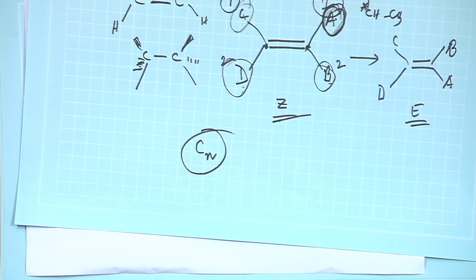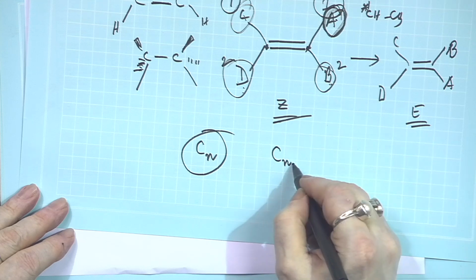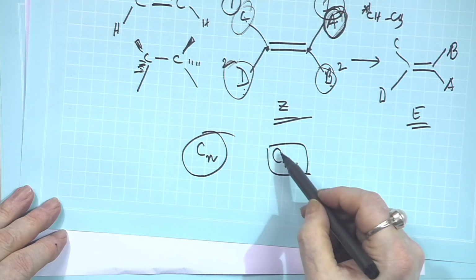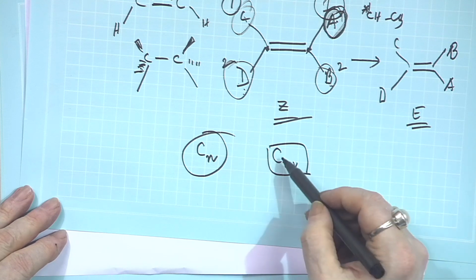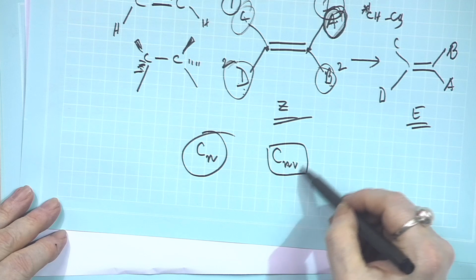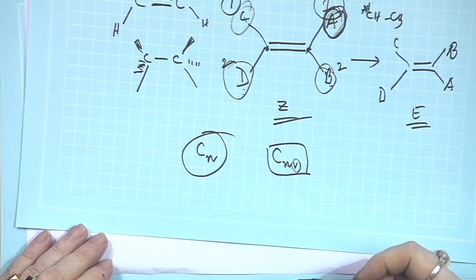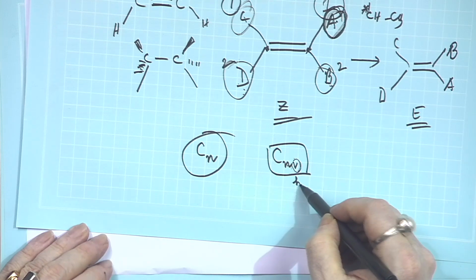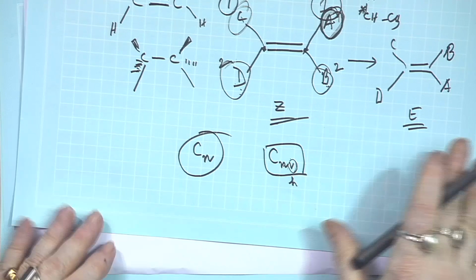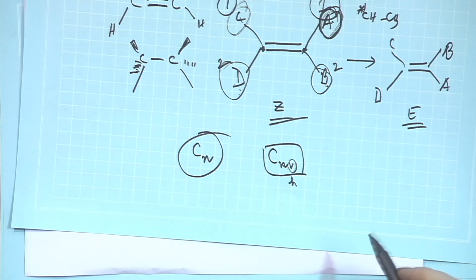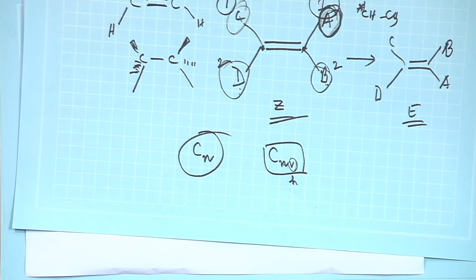If you put Cnv, that is another system, that means it contains an n-fold C axis, and it also has a plane of symmetry; V here indicates the plane of symmetry. Okay. So, a plane of symmetry can be of two types, one could be in the horizontal direction, perpendicular to the C axis, or it could be along the C axis. So, based on all these parameters you describe the geometry in terms of point groups. So, that is what point groups are.